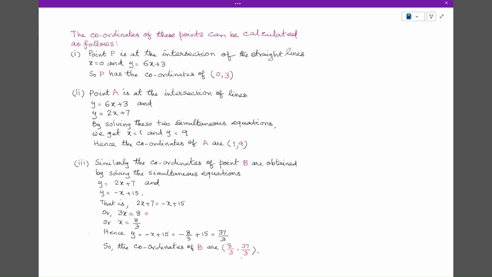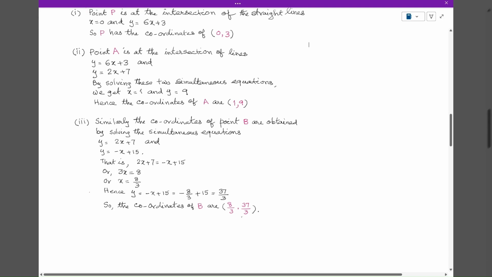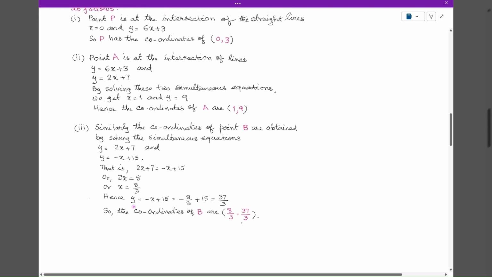Therefore, 3x = 8 or x = 8/3. Hence, y = -x + 15, and that is -8/3 + 15, which is equal to 37/3. So the coordinates of B are (8/3, 37/3).